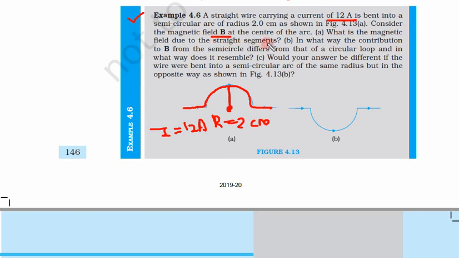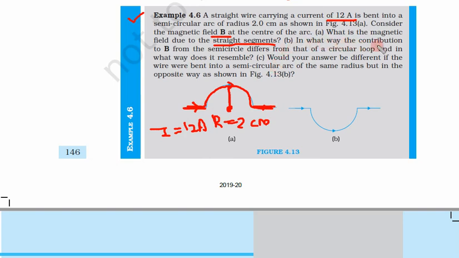So we have to calculate the magnetic field B at the center of the arc. What is the field due to the straight segments? We have 3 segments. This is one straight segment, another straight segment, and this is the arc segment. So first we have to calculate the magnetic field due to the straight segments.